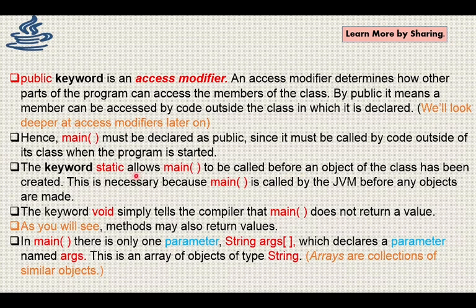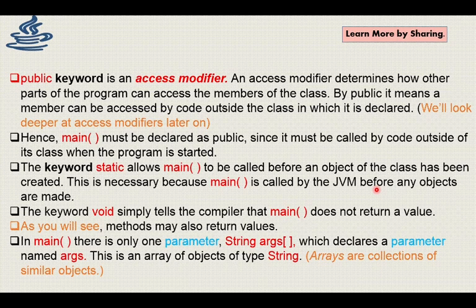So this is necessary because the Java virtual machine, where everything happens, is like a sandbox where the execution and compiling of the program takes place. So the JVM calls the main method before any objects are created.